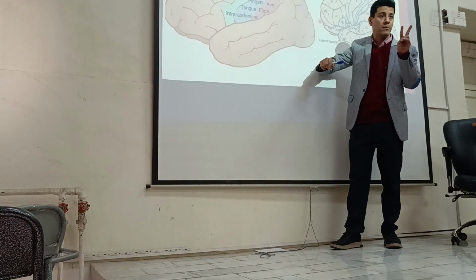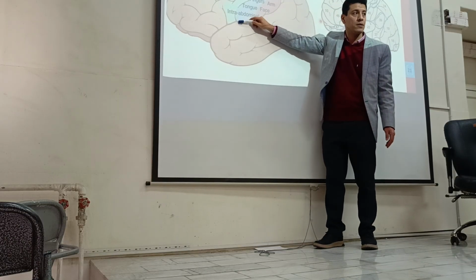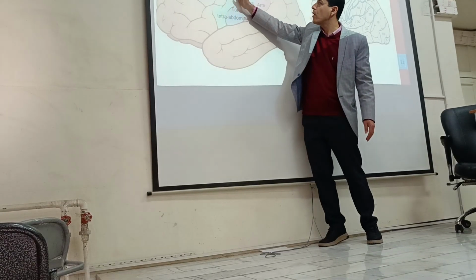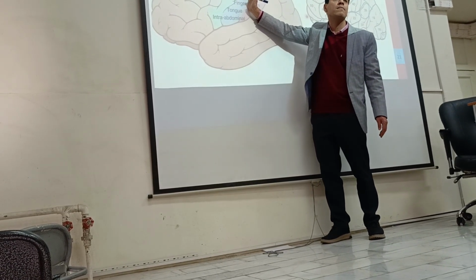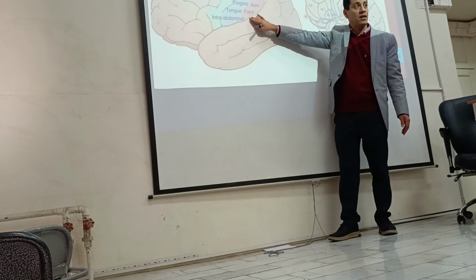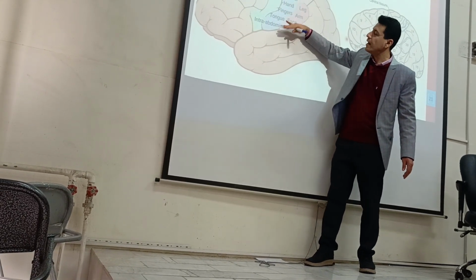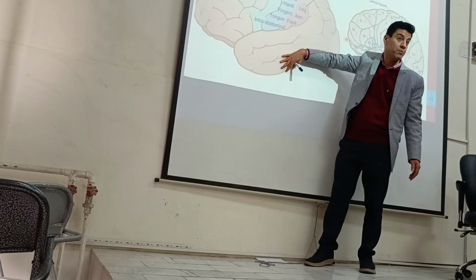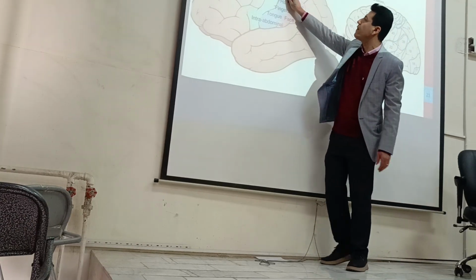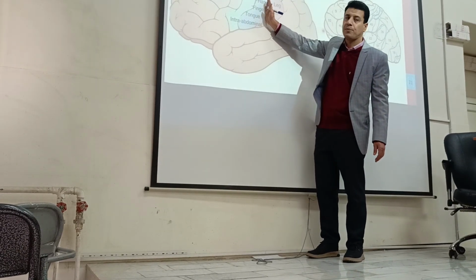Two very important markers are the central fissure or central sulcus, which divides the frontal lobe from the parietal lobe, and the Sylvian fissure, which is located between the frontal and parietal lobes and the temporal lobe. If we consider this central fissure, the posterior side is the parietal lobe.